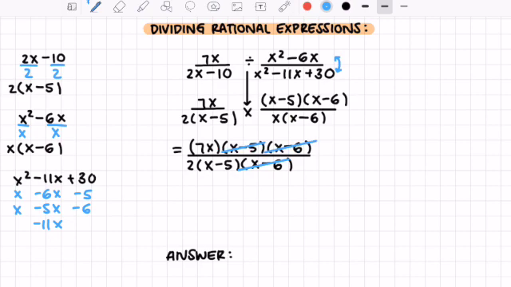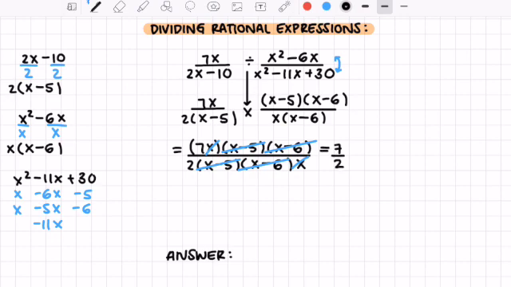And so I'm going to be left with, let's see, I think I'm missing one too. I am. I'm missing that x value from the x minus 6. So I need to add that x there as well. So cancel out the x and the other x. So I should be just left with 7 over 2.